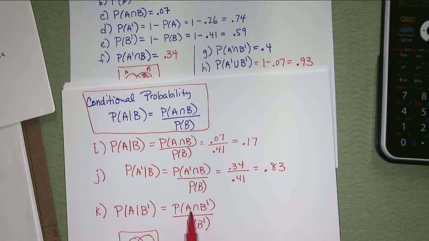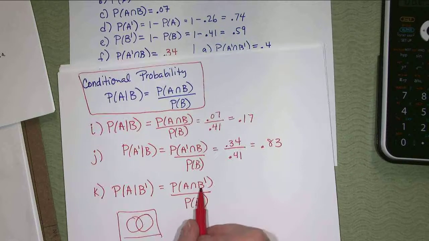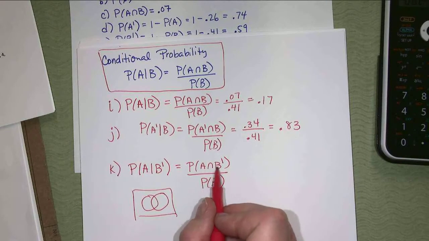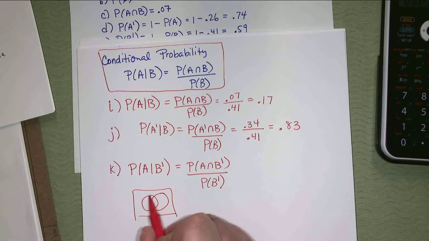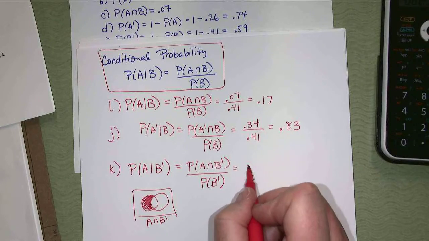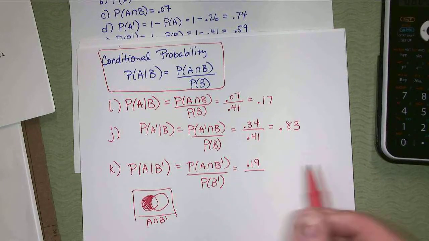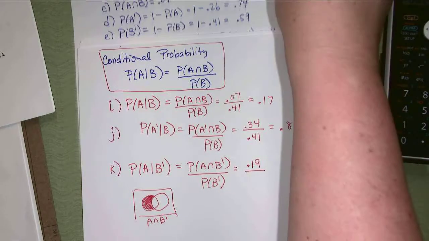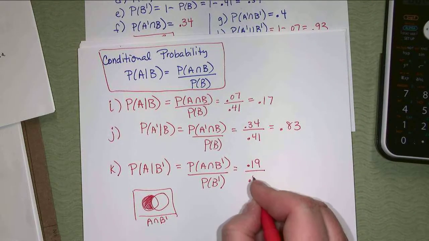So this is saying in A, but not B. In A and not B. So it's in A, but not in B. That would be this piece. So that's 0.19, if you look up at the graph. And B prime we did find was 0.59.